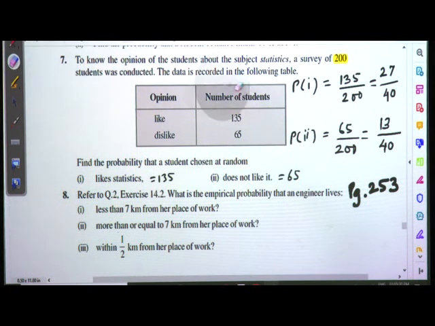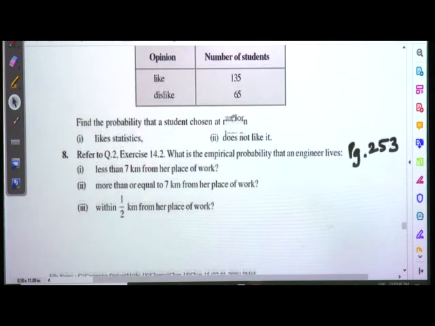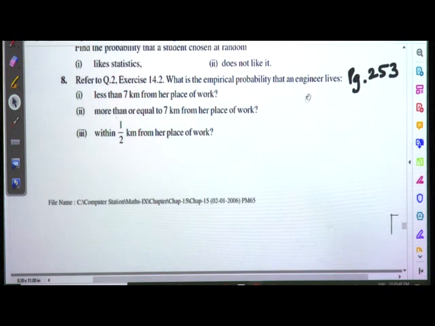Proceeding further, let us proceed further for the next question. What is the next question? The next question is, refer to question number 2, exercise 14.2. I have written the question, the page number here for reference. We have to go to page number 253.